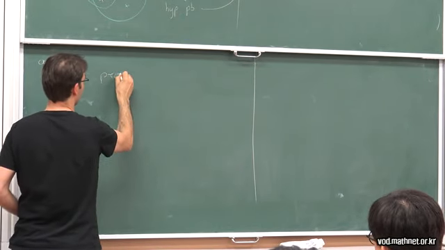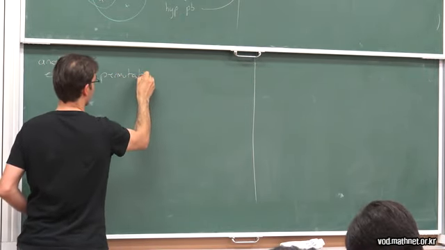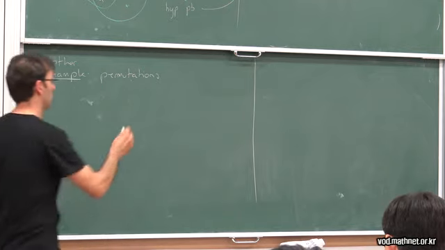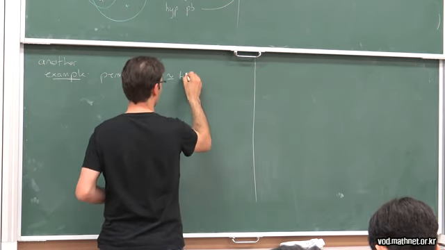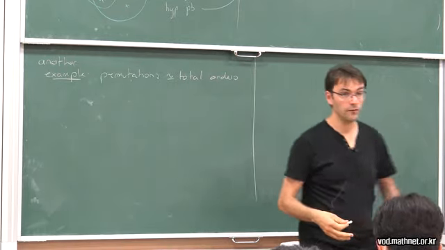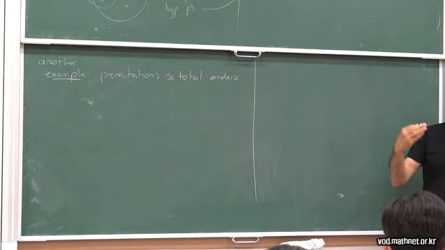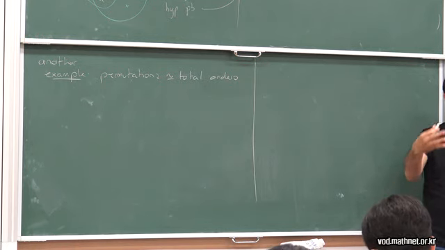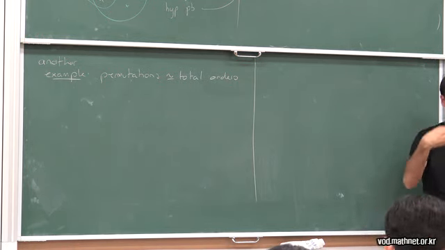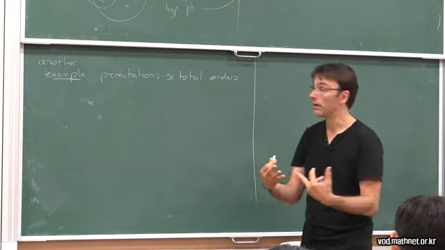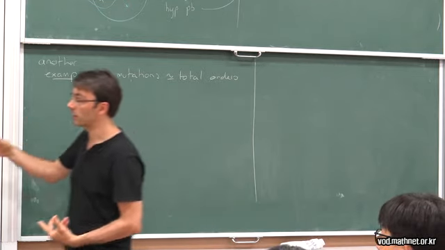Permutations. You can think of permutations as total orders. Now if I have a set of total orders on the elements from 1 to n, and you give me k elements, I can look at all the induced suborders on those k elements. I can think of this as the trace.